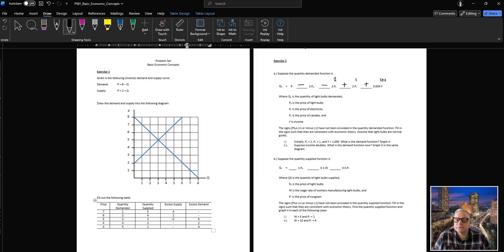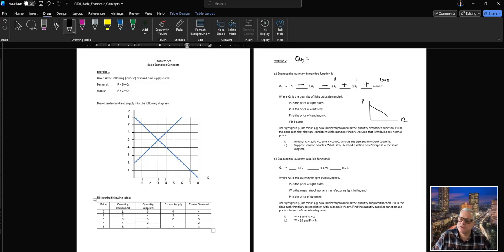And that is somewhat captured in that. So now what we can do is take the demand function and simplify it, because the objective is to draw it into a graph where we have the price on the y-axis and the quantity on the x-axis.